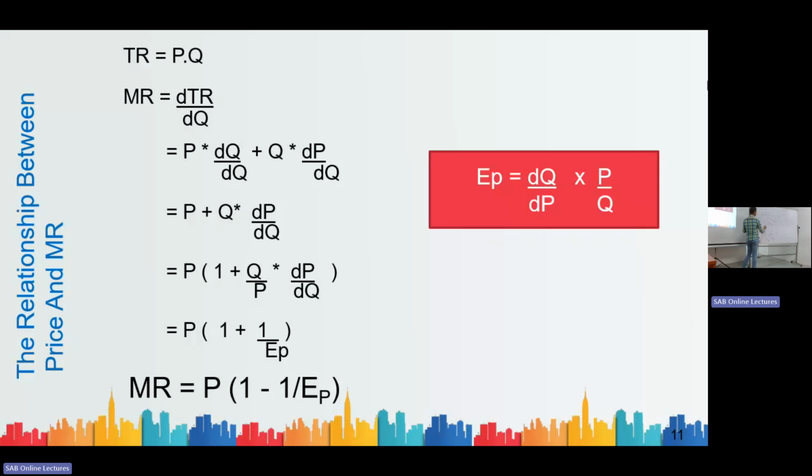It's 2. So calculate marginal revenue at this point. In the same way we did before, instead of price elasticity, you have to substitute 2.